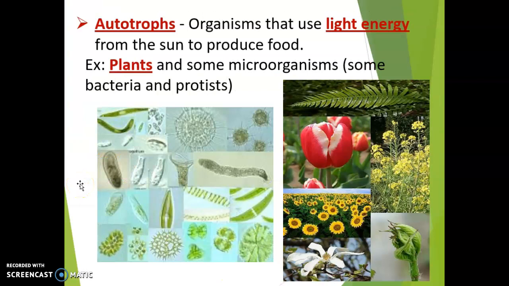Recall we talked autotrophs and heterotrophs in ecology as well, so quick review of those two terms. Autotrophs are organisms that are going to use energy from the sun to produce their food through this process called photosynthesis. We'll talk more about that tomorrow, like I said. Most of your plants and some microorganisms are going to benefit from the sun's energy for their food supply.